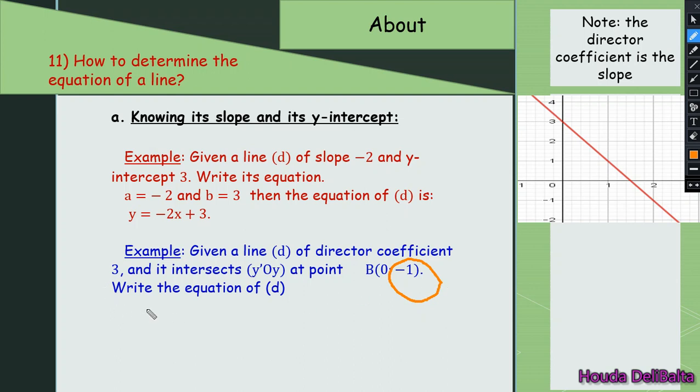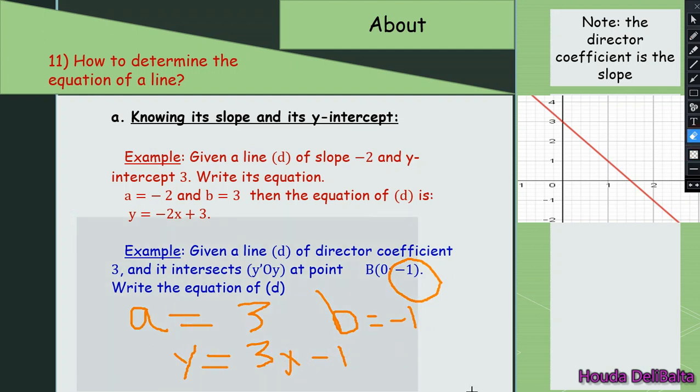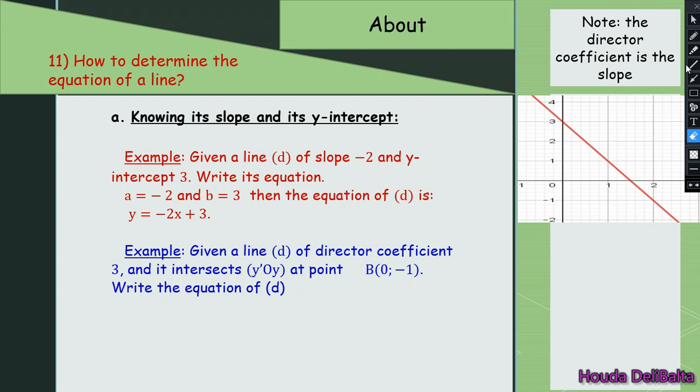So the slope is 3, so I have that a is 3 and b is -1. Then definitely the equation is going to be y equals 3x -1. Let's make sure. Let's complete the presentation, and here we go.